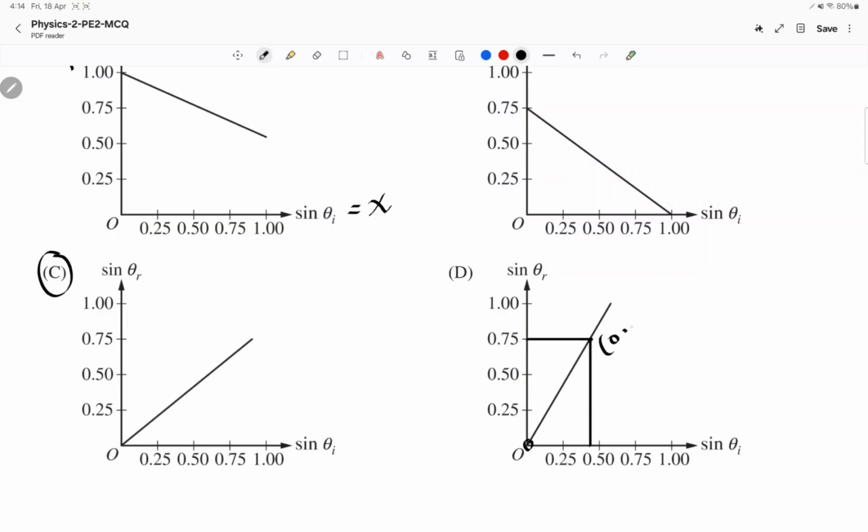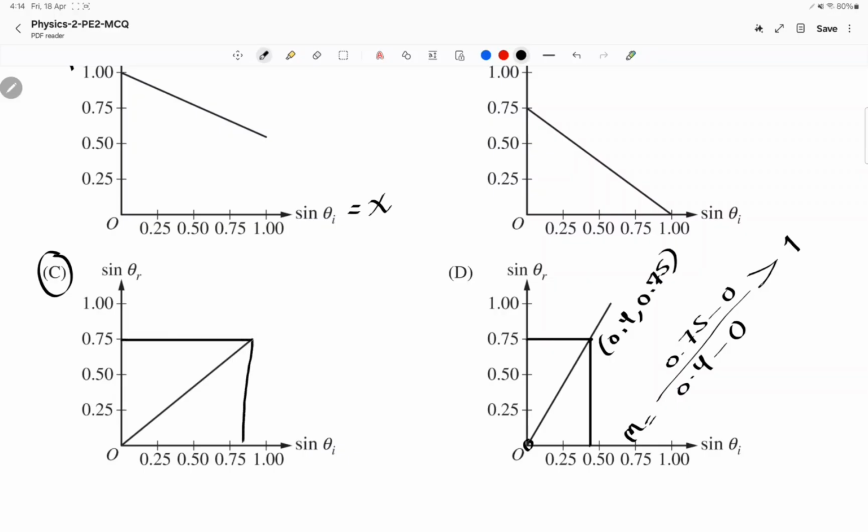Which will be 0. Let's say 4 with 0.75. So y2 minus y1, you will get more than 1 as the slope, which is not okay. Let's find the slope in C. So 0, 0 with, let's say, 0.75 and let's say 0.85 or something like that.